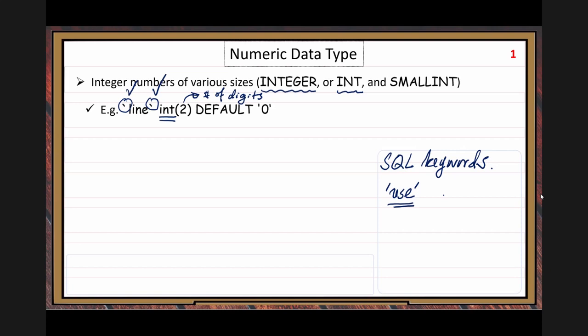In phpMyAdmin, we click the database link and make the selection. But there is another way. Sometimes people use the command line. Sometimes people may need to type commands at a command line. At the command line, they type use database name.